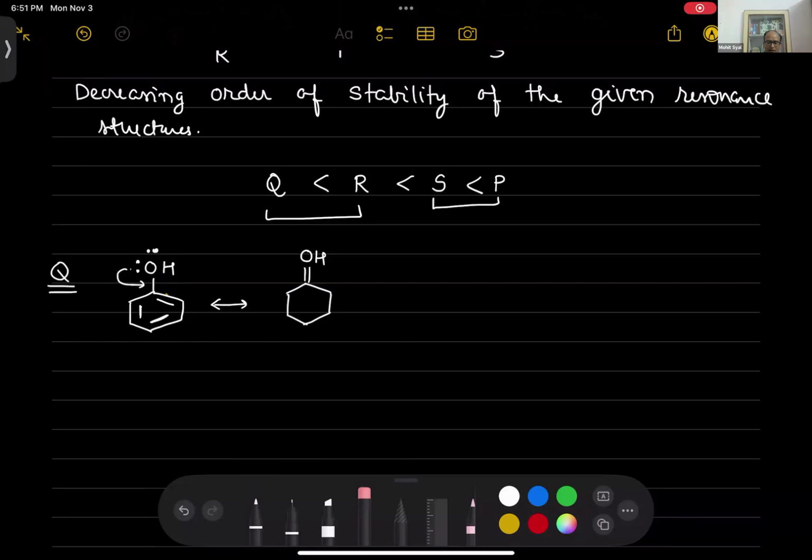Yes, sir. If the lone pairs are shared, they will form a bond, and the pi bond needs to be shifted aside. So you will have a negative charge there and a positive charge here. Then this lone pair can move and push the pi bond.